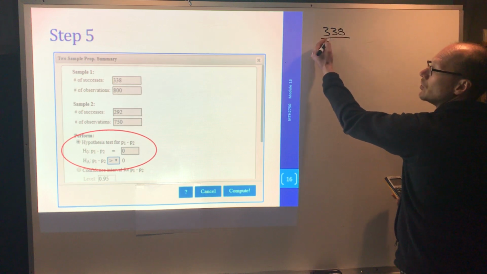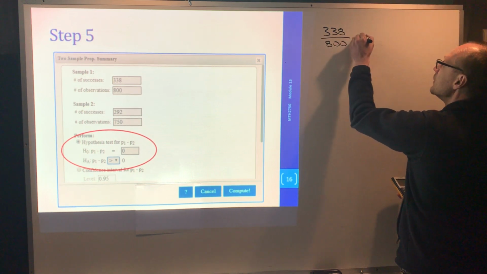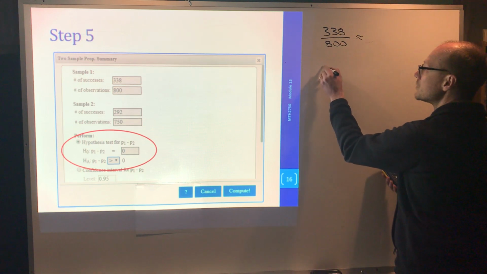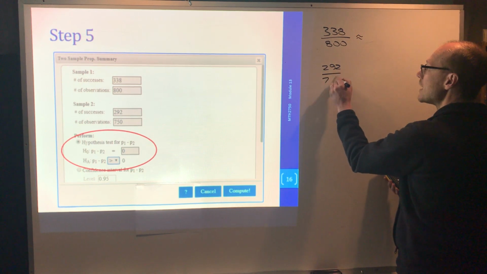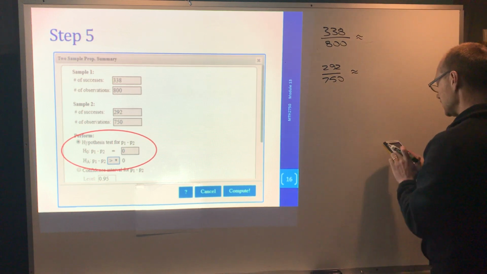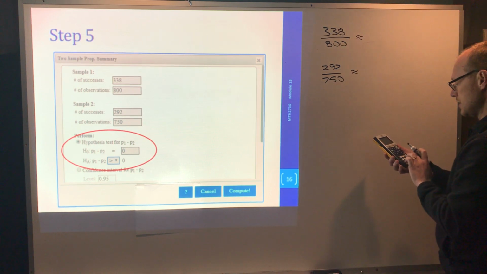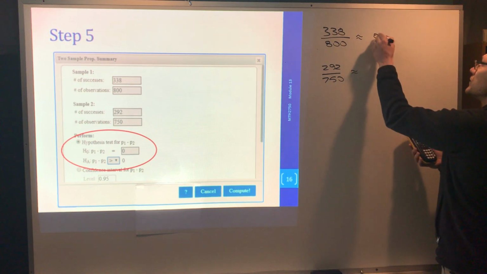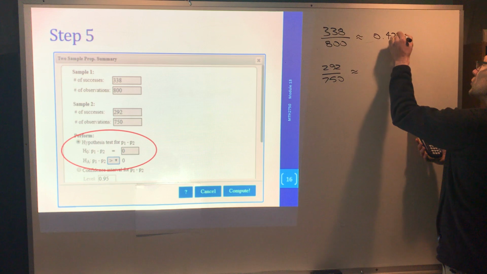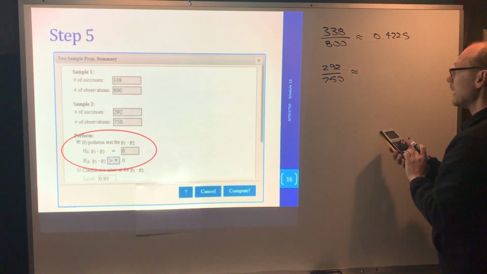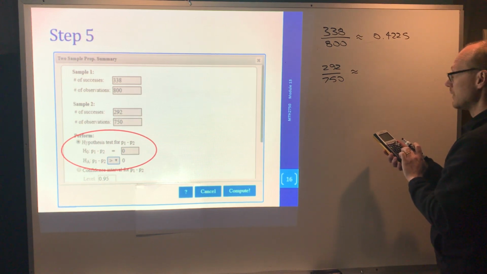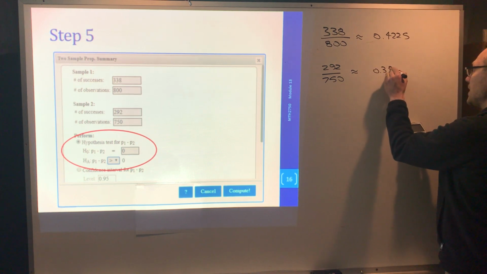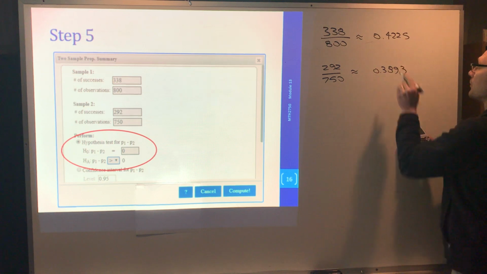338 over 800 is approximately equal, and 292 over 750 is approximately equal. So 338 divided by 800 is 0.4225, and 292 divided by 750 is 0.3893.